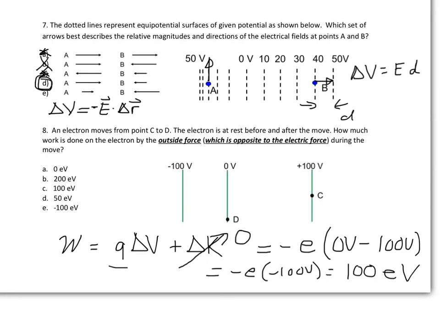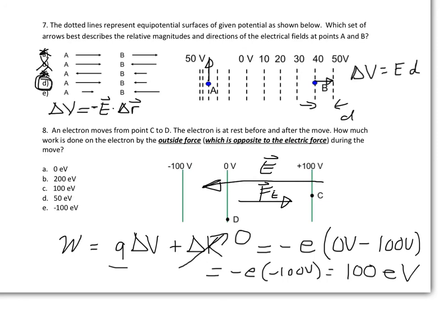The electric field here we can determine by the direction of decreasing potential. It goes from higher potential to lower potential, so the electric field points to the left. Now this is an electron, so the force on the electron actually points the opposite. There's the electric force, so the electric force points to the right.